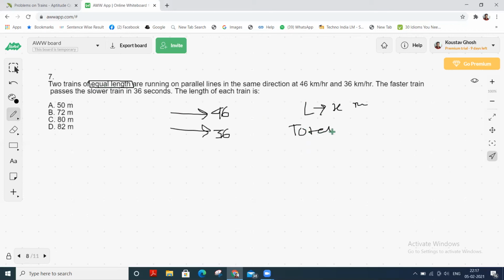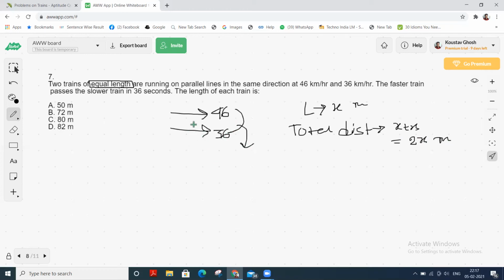So the total distance covered is x plus x, that is 2x meters. What is the relative speed?